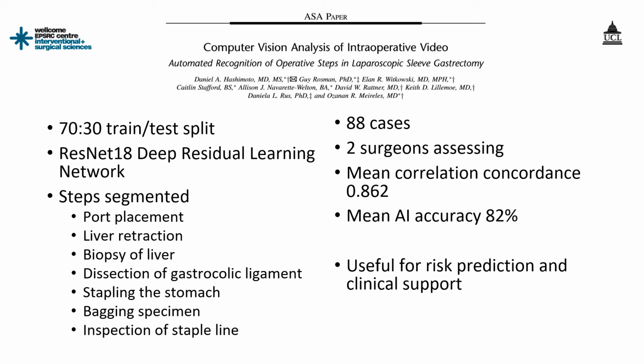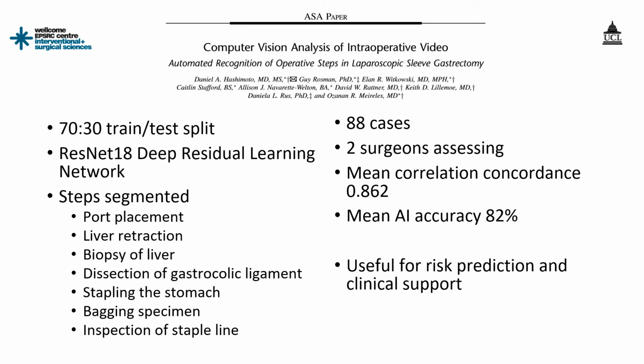And the methodology here is quite straightforward for this type of research. You essentially have a set of data, and you divide that data up into training data to build the algorithm, and then to test it and validate it on. And this is a 70-30 split in this case. You segment the procedure, agree on what those segmentation steps are, and then you look at the assessments of those steps.